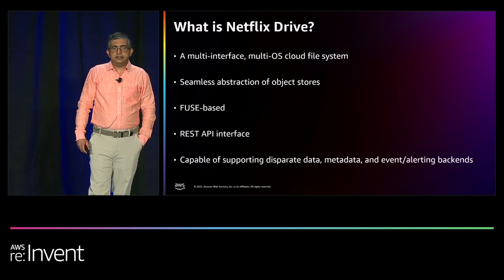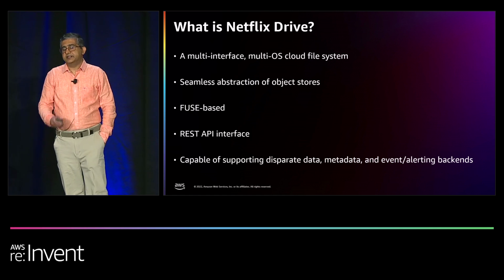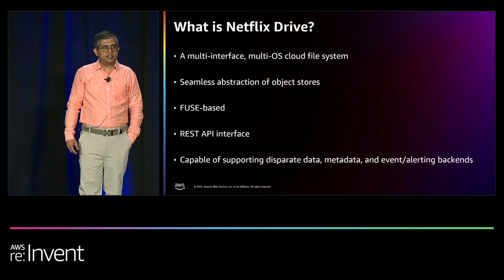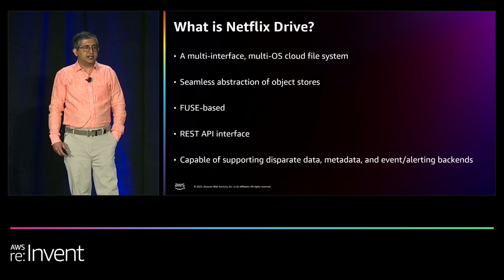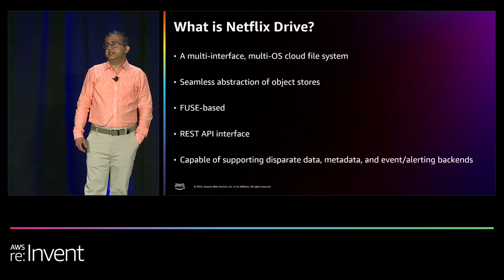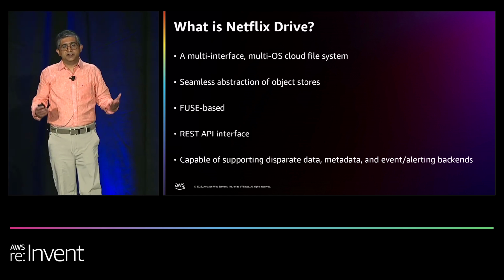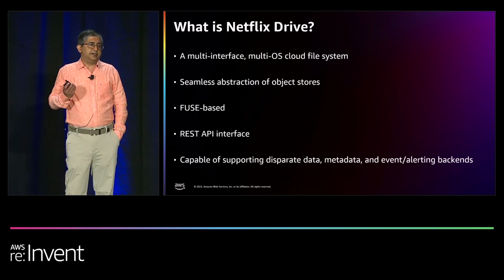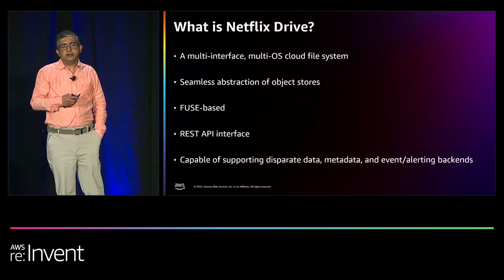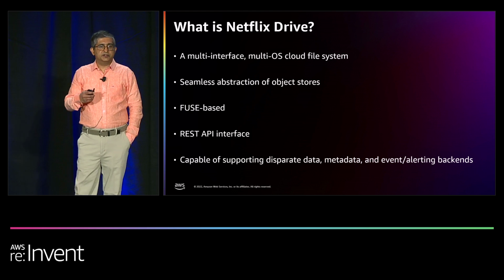On Linux and Mac OS, it is Fuse-based. Fuse is a file system in user space. It's an abstraction and an open source library that's available for implementing custom file systems. And there are a lot of open source file systems based on Fuse. There's a similar interface on Windows, which hooks into the Windows kernel.